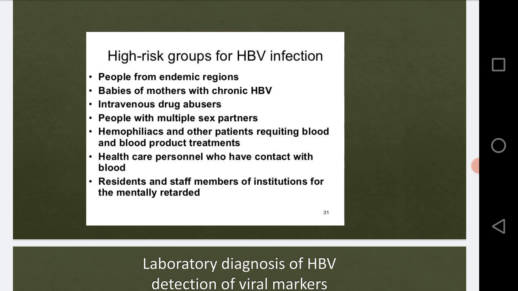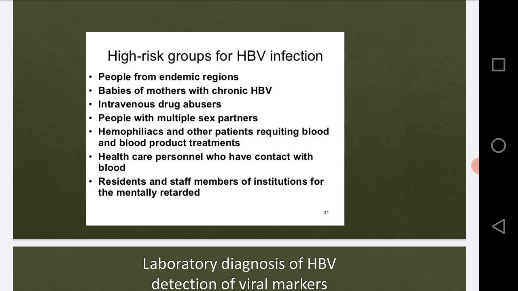Endemic diseases are the diseases that occur in a particular area or region, in a particular community of people. That region's people will be at the highest risk for the infection.